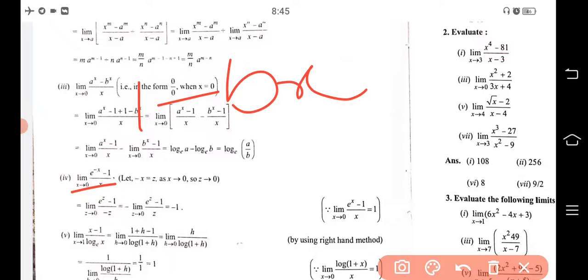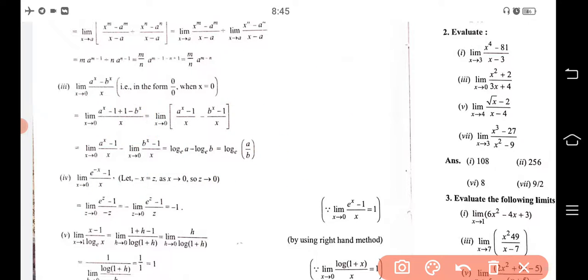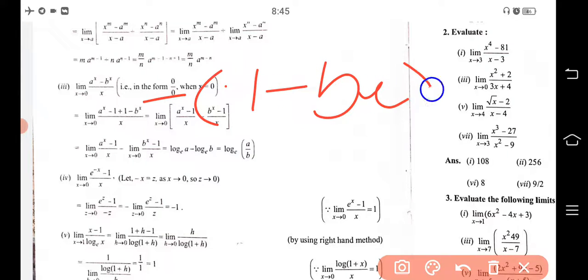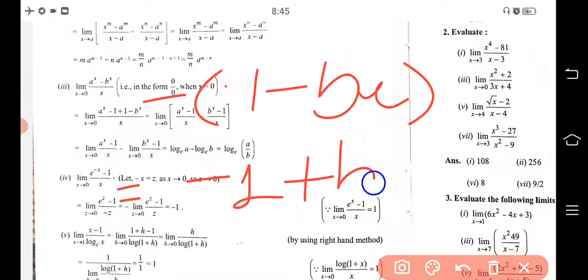If you take a minus sign, then what are we going to get? The 1 becomes minus 1, and this minus b to the power x becomes plus b to the power x. As we open the bracket, this becomes minus 1 plus b to the power x.